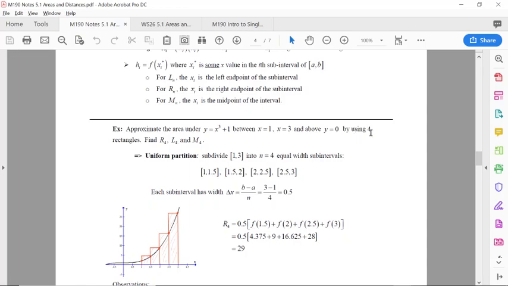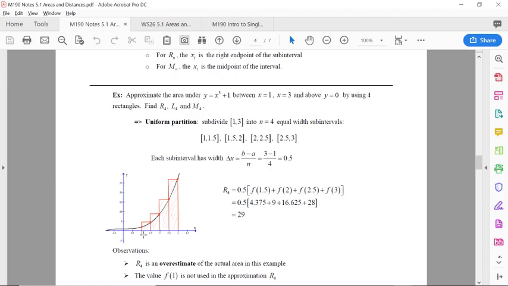Therefore, the number 4 for this example is the value of n. We're being told there are 4 rectangles, therefore we need to have 4 height values. But how many points are we going to have to subdivide in order to create 4 subintervals from 1 to 3 on the x-axis?